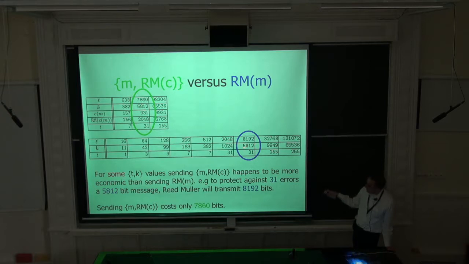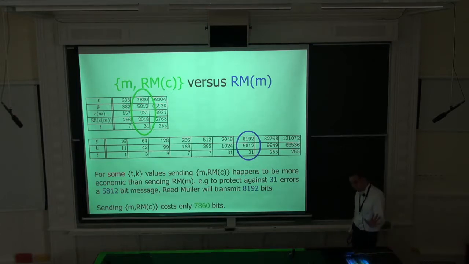Okay, so you see that the performance that we get, the global information transmitted when you use this mixed variant, is better for the same correction capacity. So there is a difference. You manage to improve if you send this rather than a plain Reed-Muller of the same operation.